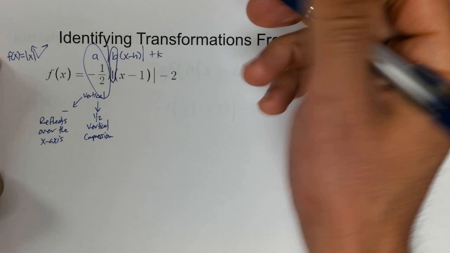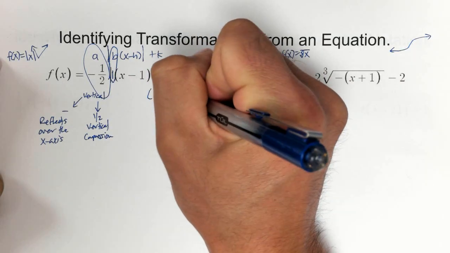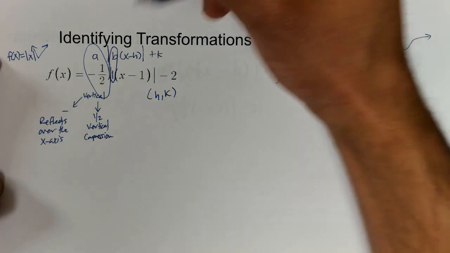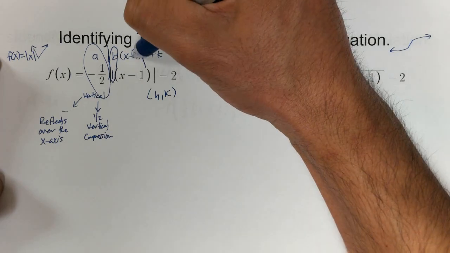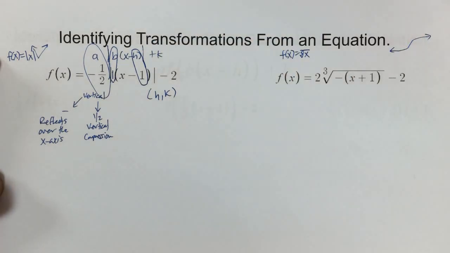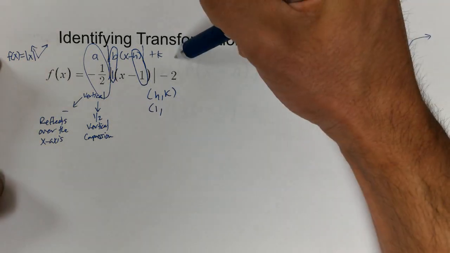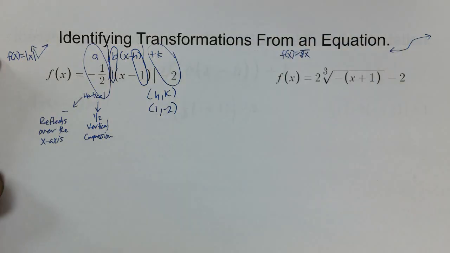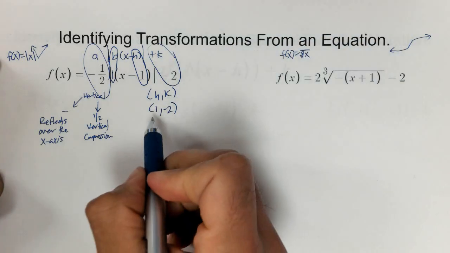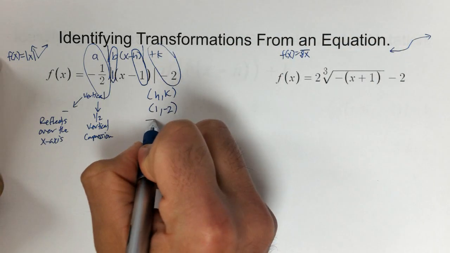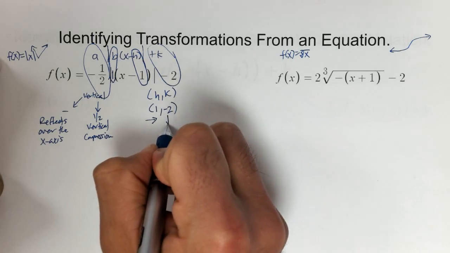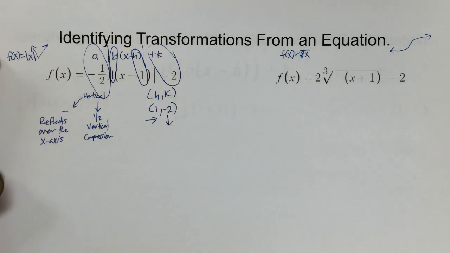And then we have H and K. Notice how we're doing X minus H. The H value is a positive 1. We're subtracting positive 1. And then the K value is a negative 2. What does that mean if the vertex is at 1, negative 2? It means it moved 1 unit to the right and 2 units down from the origin.